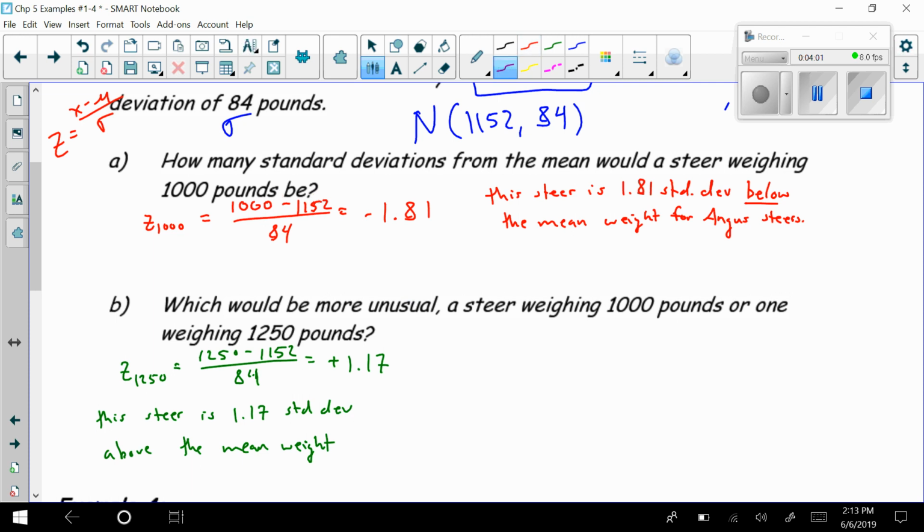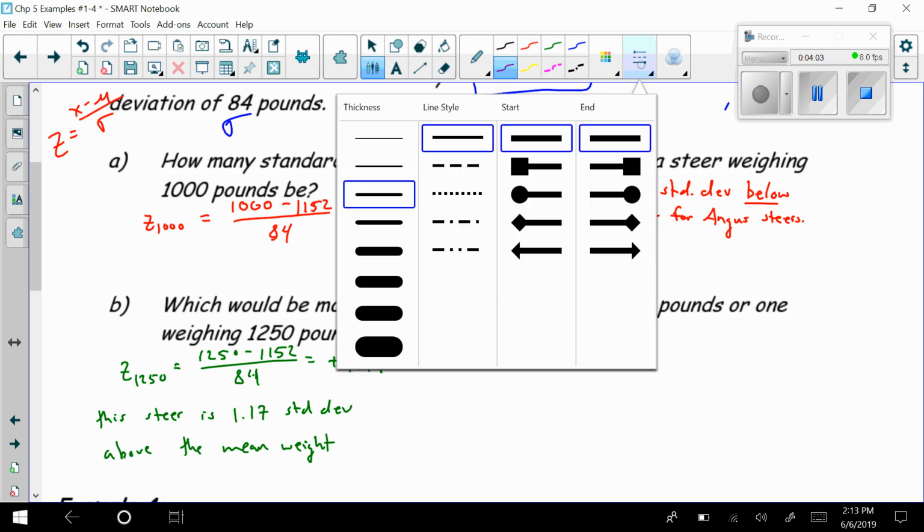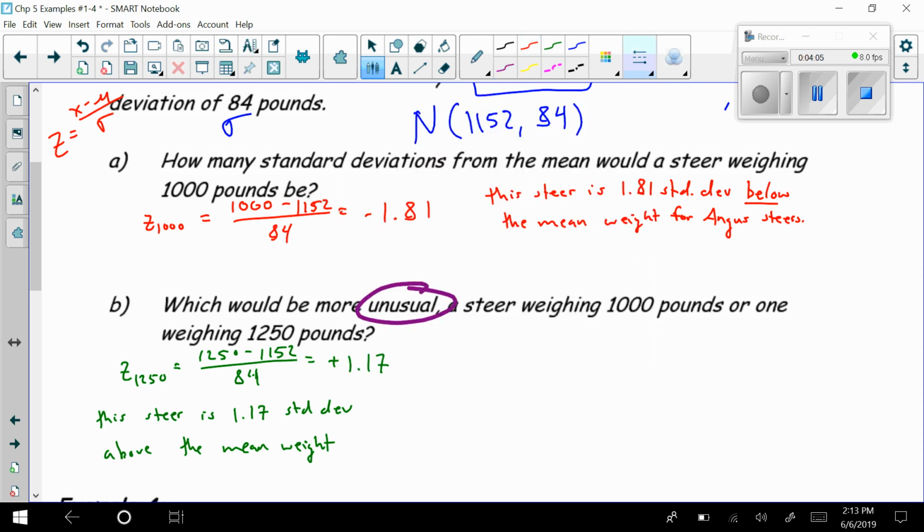Then it says which one would be more unusual. When we're thinking more unusual, we're thinking further from zero. Well, negative 1.81 is farther away from zero than 1.17.